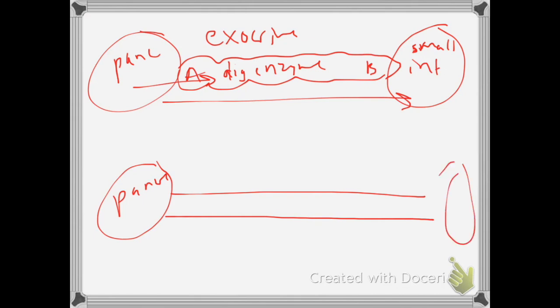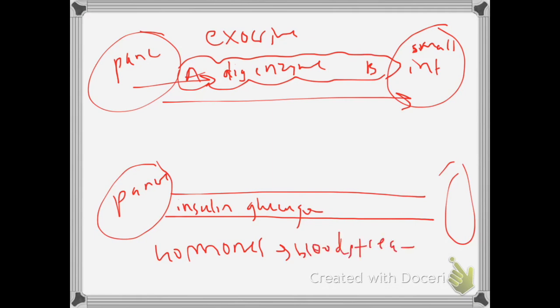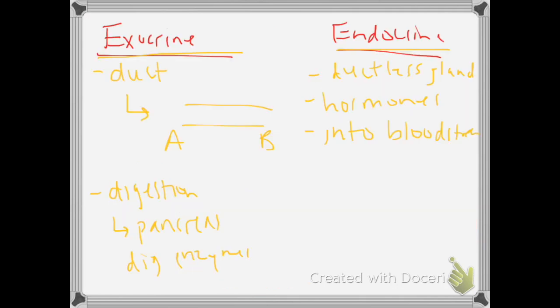Now we can secrete things like insulin and glucagon. These are hormones that are going into the bloodstream. So we know hormones, blood vessel, this must be endocrine. That's how we're going to separate endocrine versus exocrine. Is it using a duct? It's exocrine. Is it using hormones in the bloodstream? Endocrine.